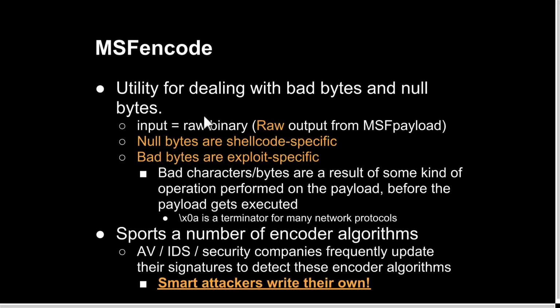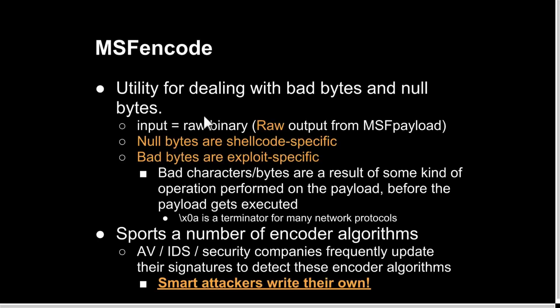So the problem with that is that MSFpayload does not avoid null bytes, and in many exploits, especially over the network, there are various other factors that can cause a payload to fail, because there are things called bad bytes. In many networking protocols, such as Telnet and others, there are bad bytes that actually indicate the terminator for that string, for that packet, or for that data.